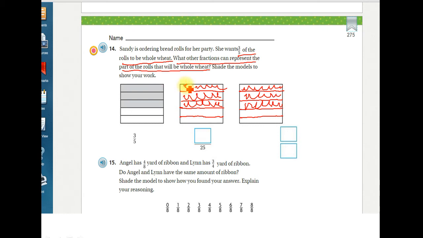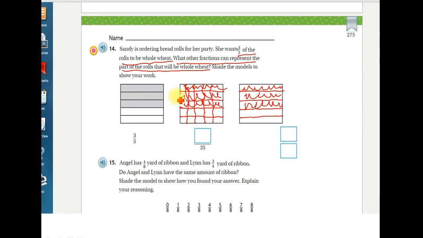That's a bad line, but again, I'm doing the best I can. So now we have 1, 2, 3, 4. I got to break this one up. 1, 2, 3, 4, 5. So I have 1, 2, 3, 4, 5 by 1, 2, 3, 4, 5. 5 by 5, is that 25?